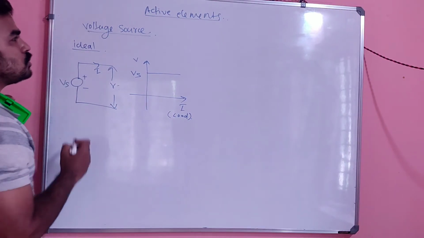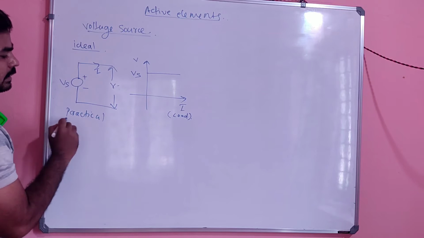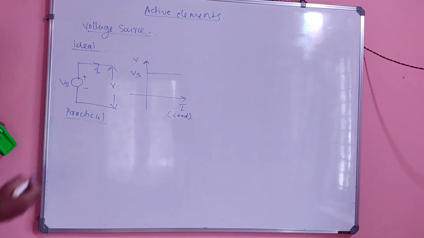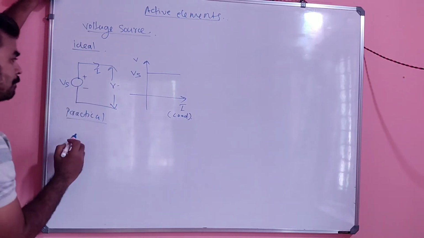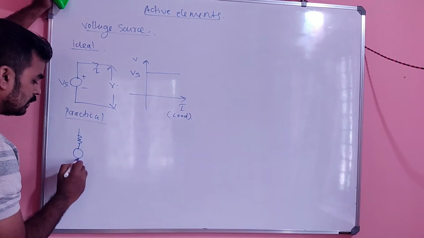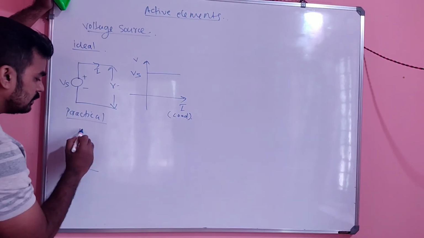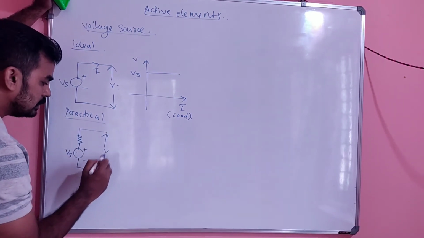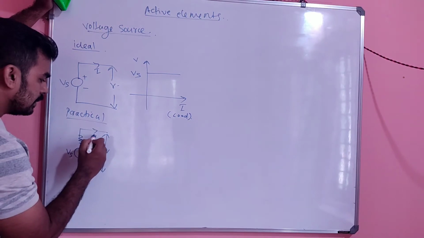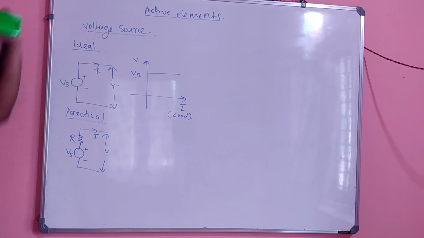But when it comes to the practical case, it is slightly different. A practical voltage source can be represented like this. This is the terminal voltage V, this is the current I, and this is nothing but a resistor.